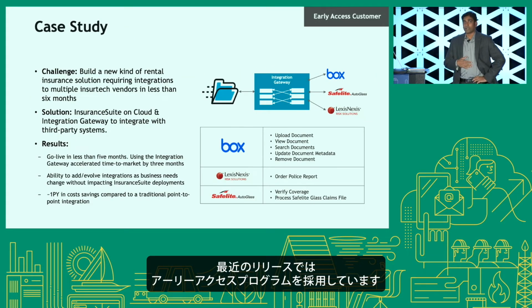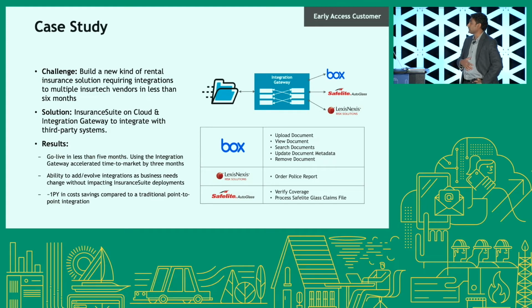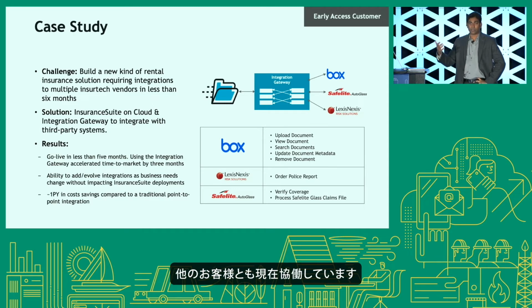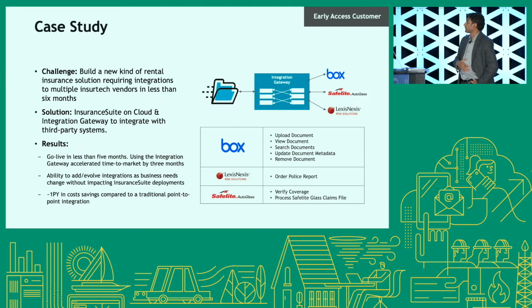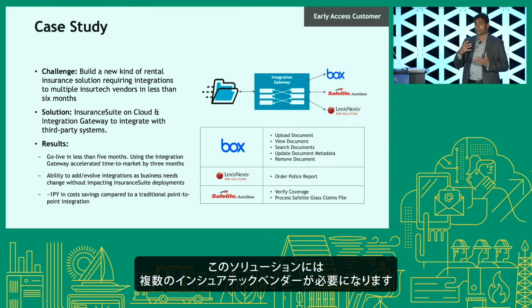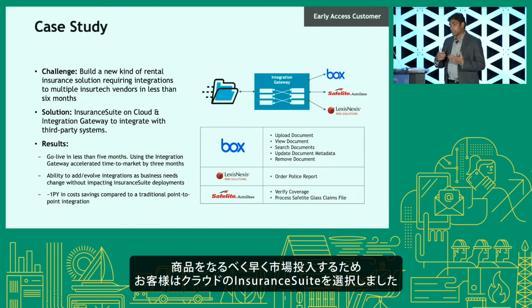You may know that we have been on an early access program for the last couple of releases. We actually have one customer who went into production and has been in production for the last couple of months. We're working with other customers too. This customer wanted to build a new kind of rental insurance solution that requires multiple insurtech vendors. Obviously they chose InsuranceSuite on cloud because of faster time to market.